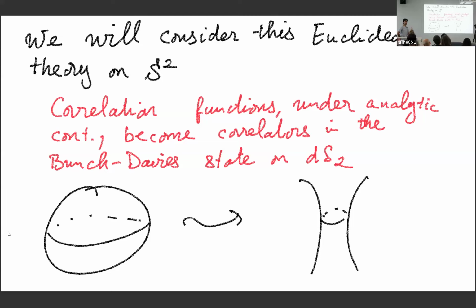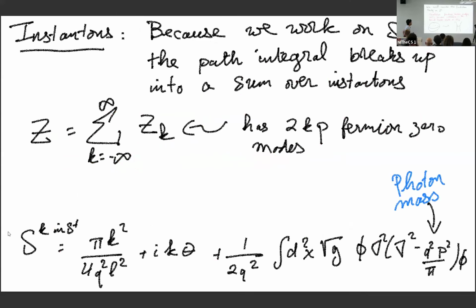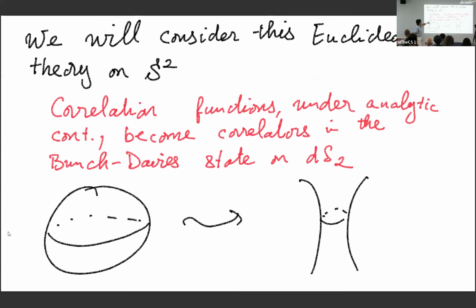Then we use analytic continuation to solve it. And as I mentioned before, we're going to demand that our correlation functions only have coincident point singularities, which is picking a state for us. And that state is called the Bunch-Davies state.